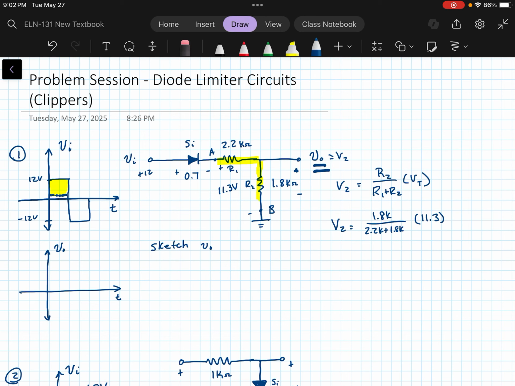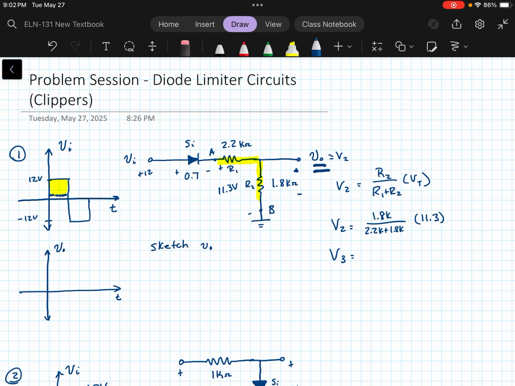A lot of students make the mistake of saying that would be 12, but it's not 12. 12 is the voltage you're supplying to the input, but then we drop 0.7 volts across the diode, and we're left with, across those two voltage divider resistors, 11.3 volts. So be careful that you don't make that mistake.